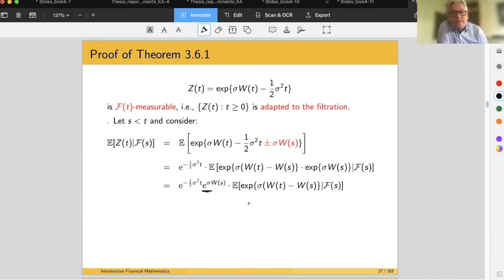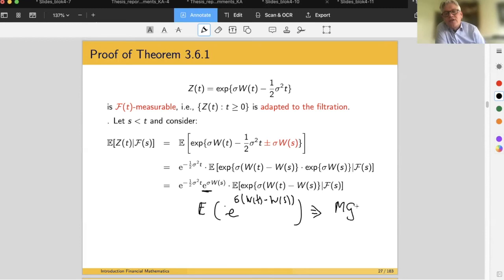What to do with this one? Well, that is sort of interesting, right? It is e to the power sigma times Wt minus Ws, and there the expectation. Now, if we look carefully at this expression, then we may recognize that we have seen these types of things before, maybe in a slightly different setting, but this can be cast into a form that is connected to the moment generating function.